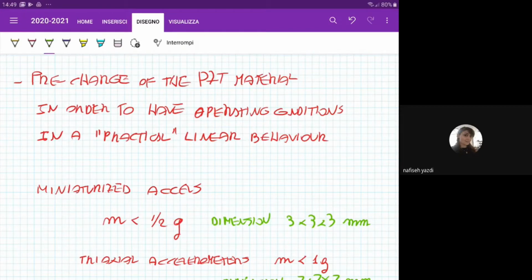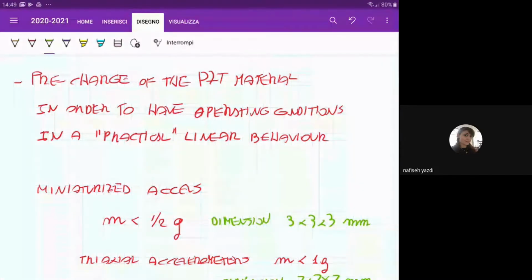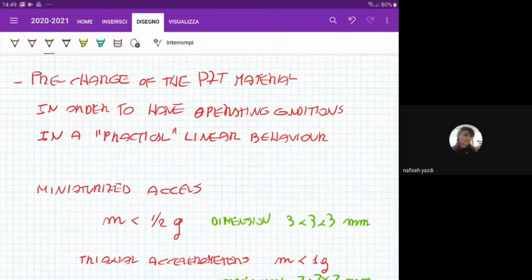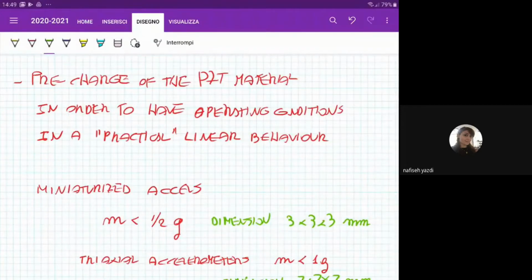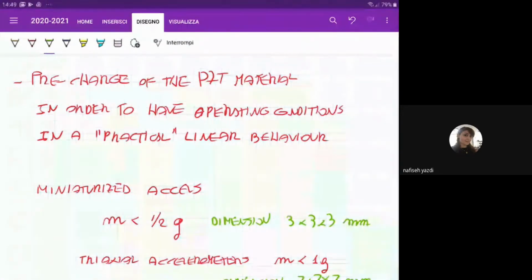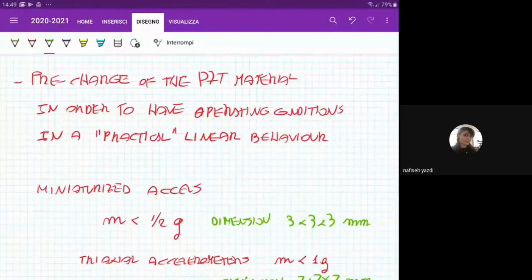You can easily see that it is not that convenient from the practical point of view, because it's not that easy to measure the electrical charge. We can do that, and we have some transducers that are able to do that.